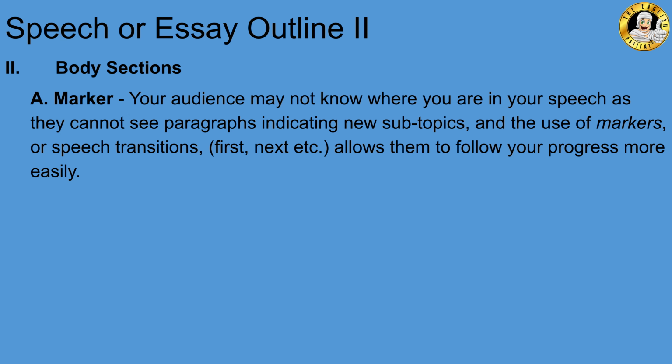But in a speech, the audience is not reading, so they will not have any advantage of seeing the paragraphs and knowing when you are changing subtopics or moving on to a new part. And that's why you should be using markers, otherwise known as speech transitions. And they can be as simple as words like first, next, and so on, just to allow the audience to understand that you're moving to another part of your speech.